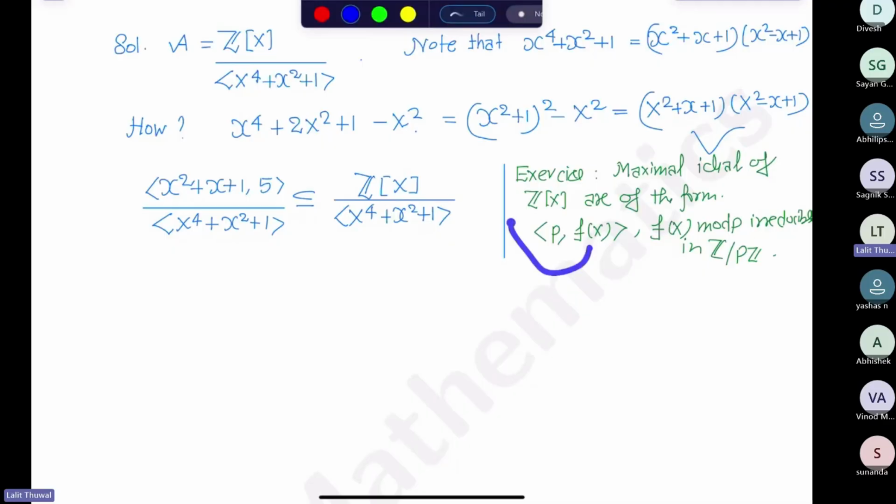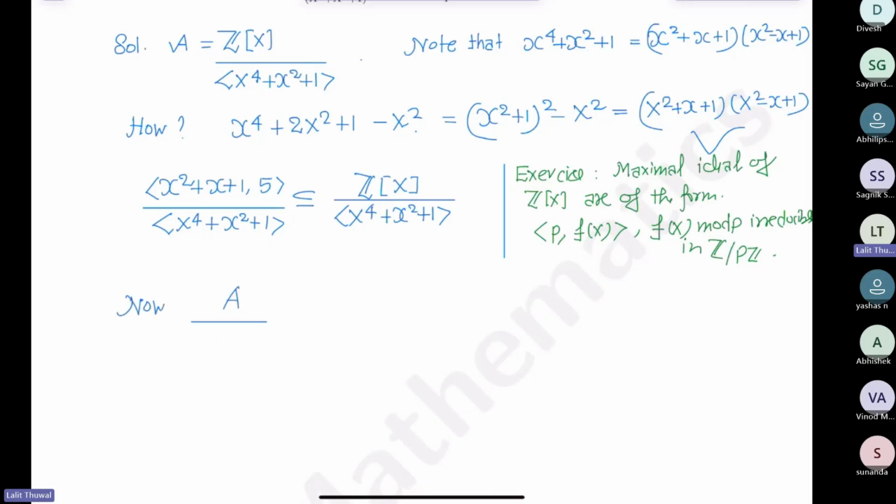These are maximal ideals, okay, and these exhaust all the maximal ideals. That's why I took it here. Now, take the quotient by this ideal. This ideal contains this, right?